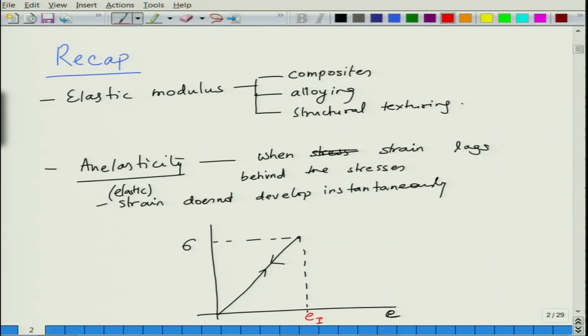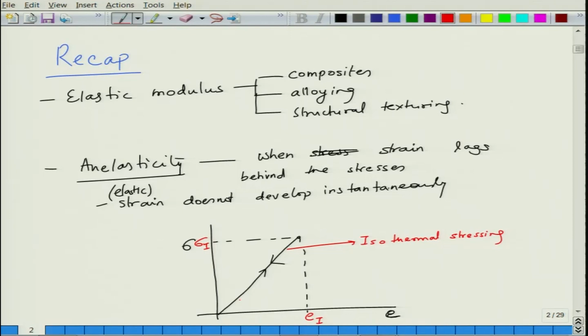So, this is epsilon I, this is sigma I. This is isothermal stressing. The stressing is done at such a rate that there is no change in the temperature of the sample. As a result, the strain follows the stress instantaneously, and when you drop the stress back to 0, the strain also drops back to 0.